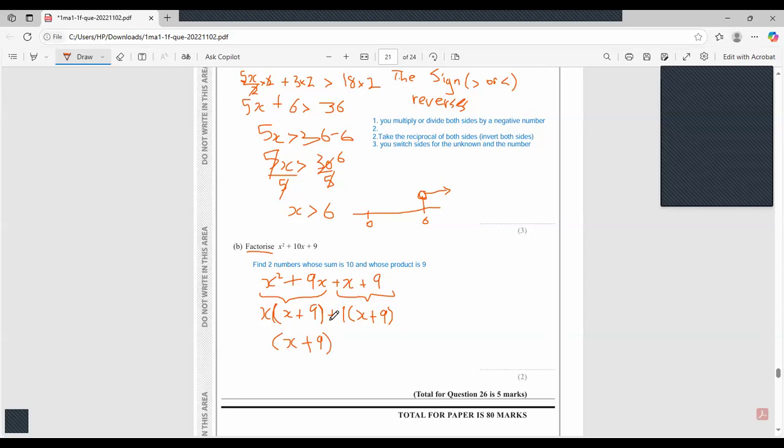In this case, x is in front of this one, and then plus 1 is in front of this one. And that's going to give us x plus 9, x plus 1. Okay, so that's the answer to this question.